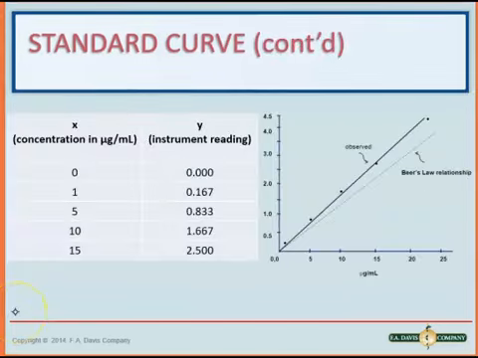This is our example of what a standard curve looks like here on the right hand side of the slide. So this is our graph, and along the bottom on the x-axis it's showing concentration, and on the y-axis along the side we're showing the instrument readout.